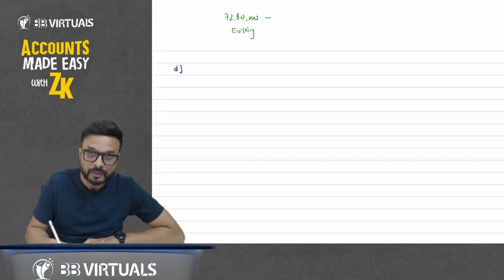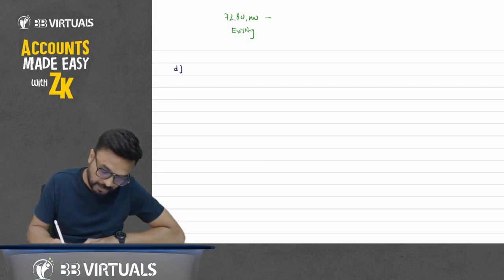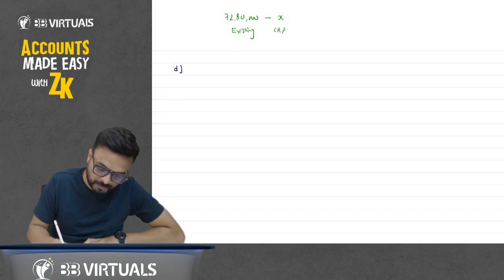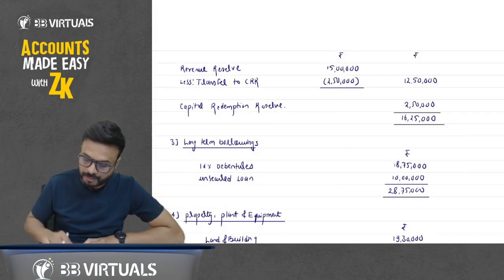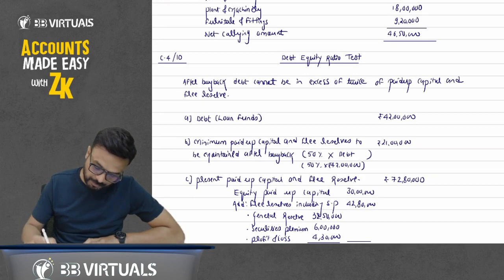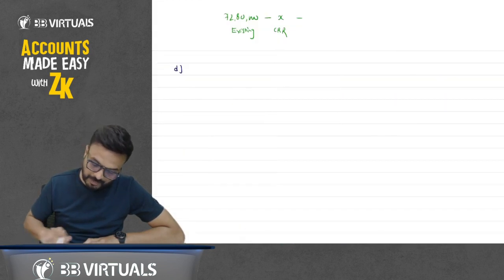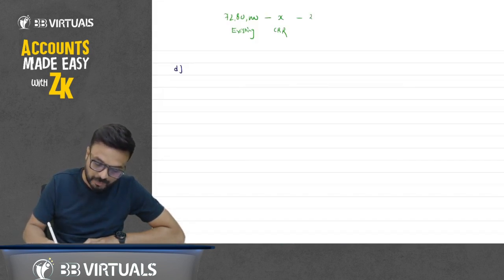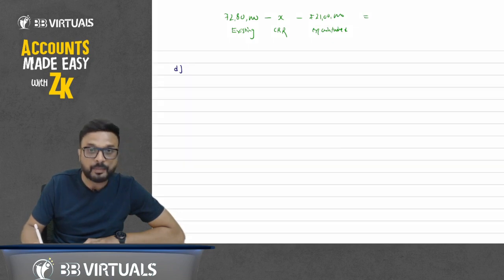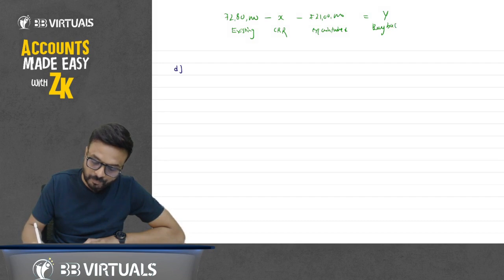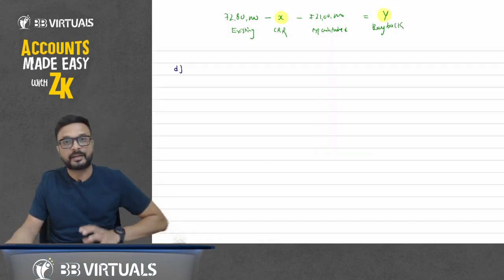Some amount will be transferred from this to CRR, which we call X. Some should be maintained: the minimum to be maintained is 21 lakh, and the remaining can be utilized for buyback, which we call Y. But we don't know the values of X and Y, so we will solve by simultaneous equation.